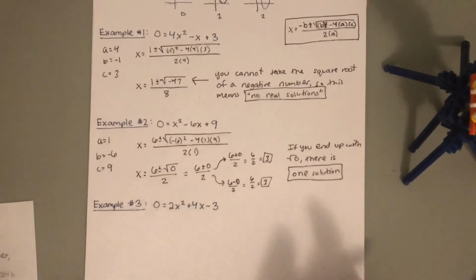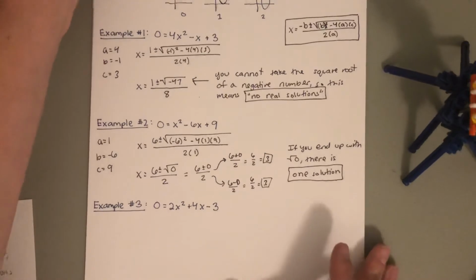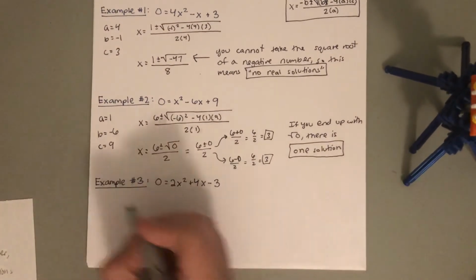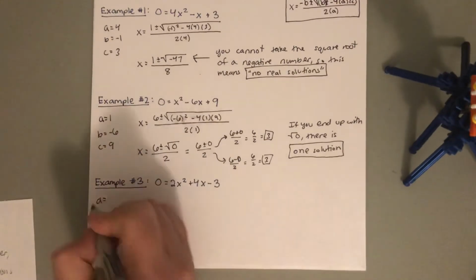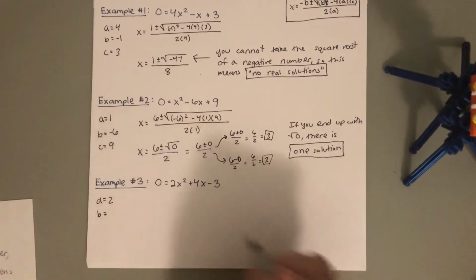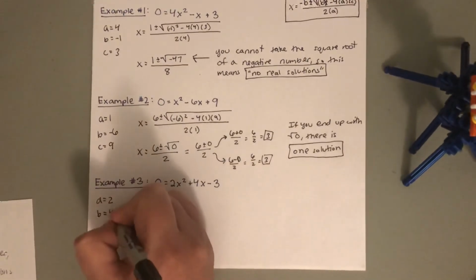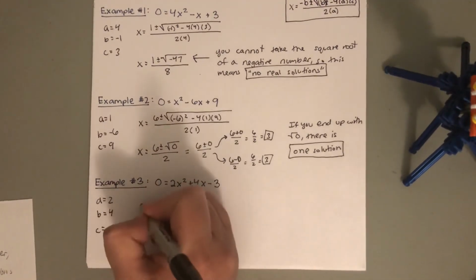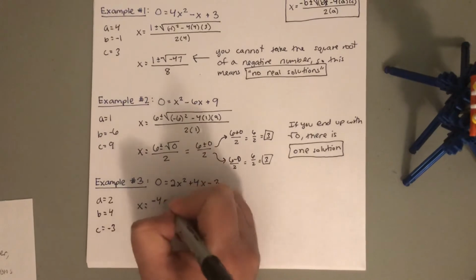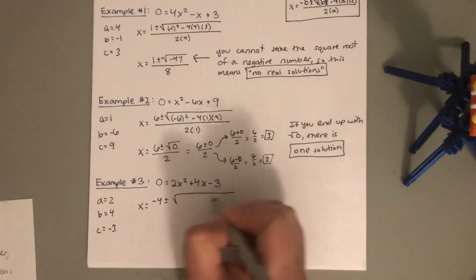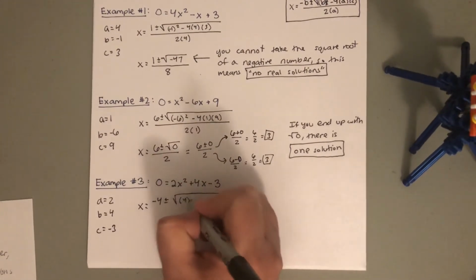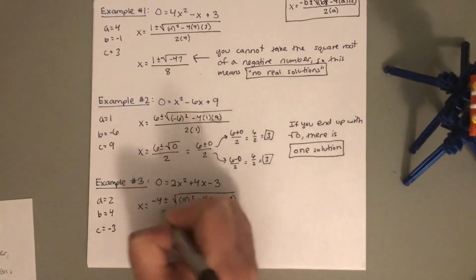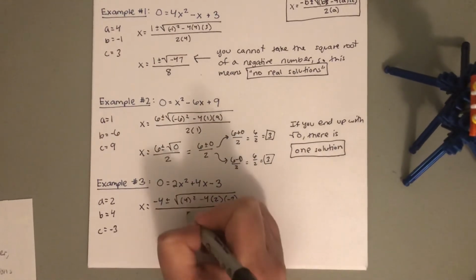And then we also know the other option is 2 solutions, and we can just review that one more time, but this is the same as in the other video. In this function, a is 2, b is 4, and c is negative 3. So we have x equals the opposite of b plus or minus the square root of b squared minus 4ac, all over 2a.